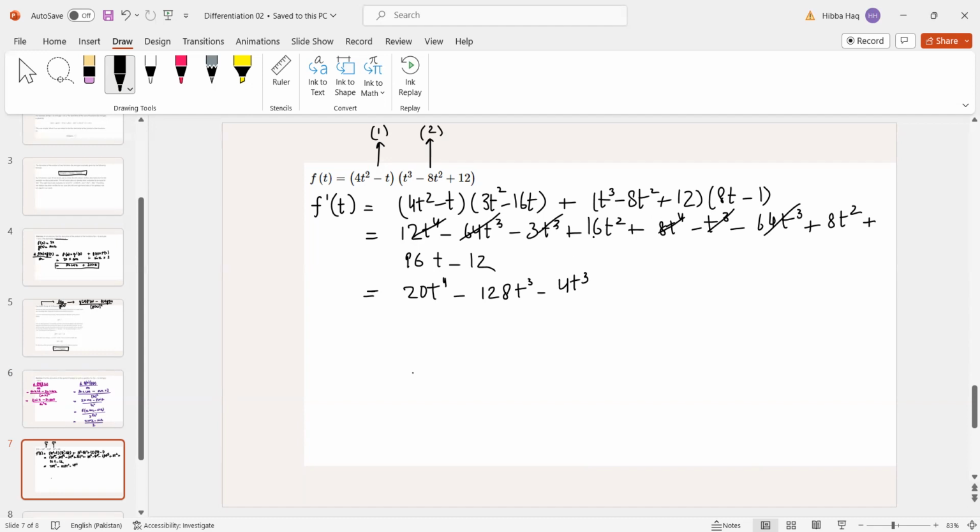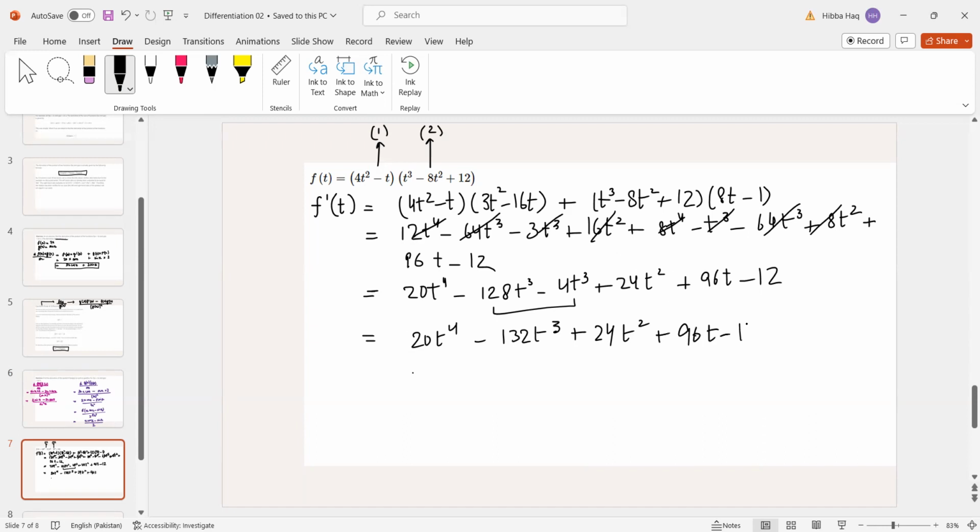Now the square terms, so 16 plus 8 gives me 24t square plus 96t minus 12. You can also simplify these two. 20t raised to the power of 4 minus 132t cube plus 24t square plus 96t minus 12. That is going to be your final answer.